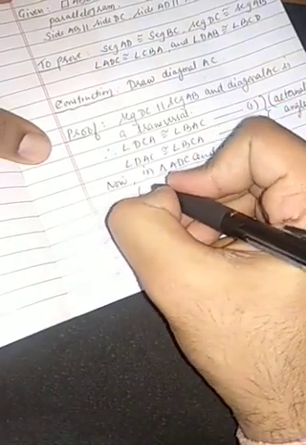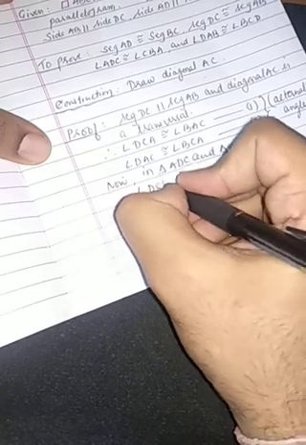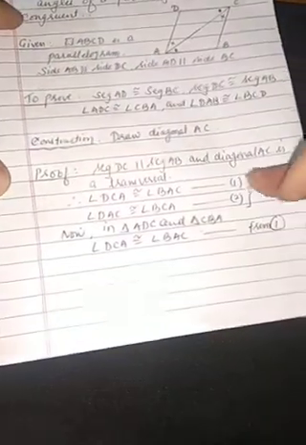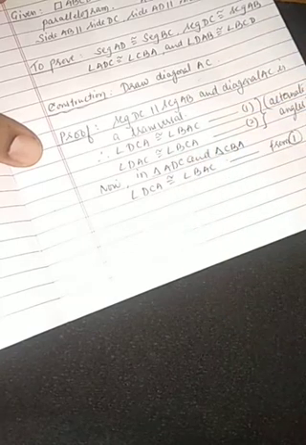So first of all you have angle DCA congruent to angle BAC from 1. We have already written the statement 1, so you can directly write from 1. Okay, there is no need to mention again alternate angles. We have already given the reason.